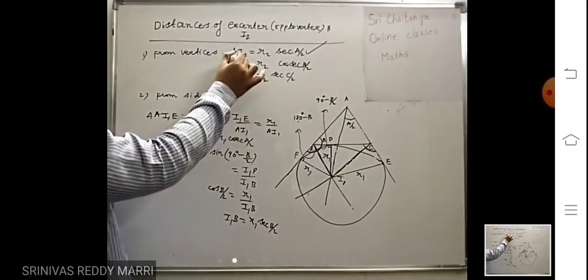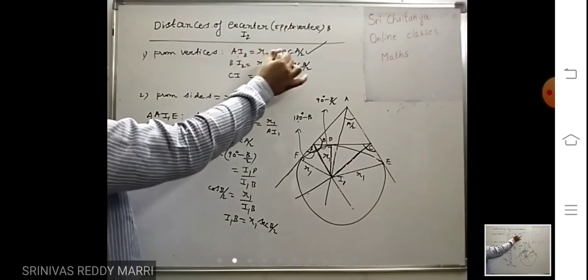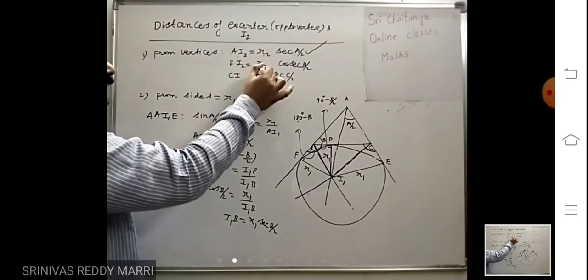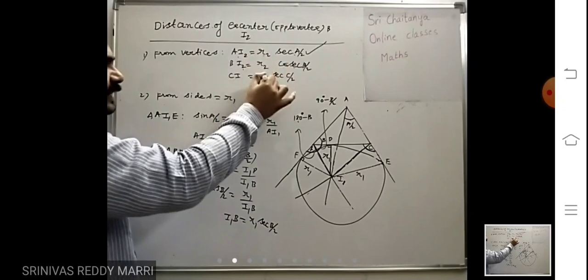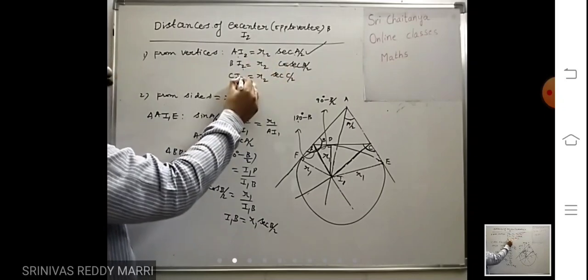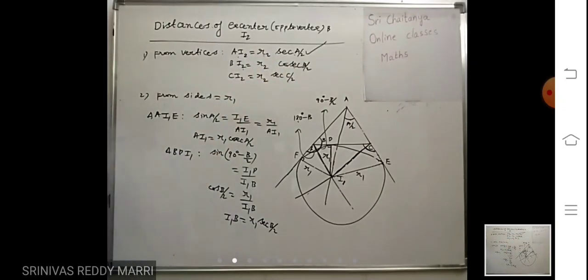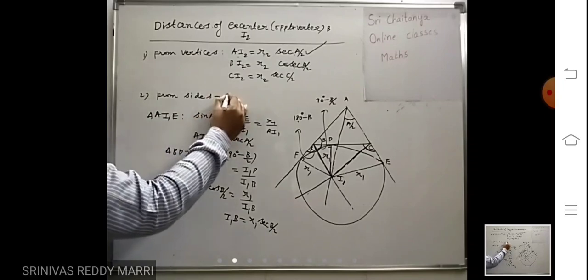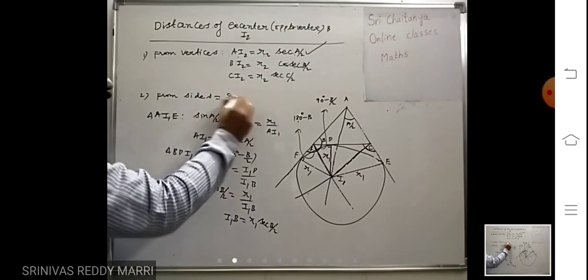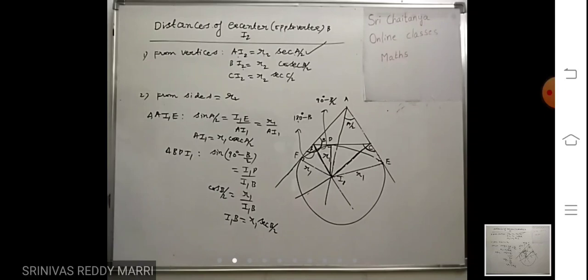For that, the distances are: AI2 you will get in secant, BI2 you will get in cosecant, and CI2 you will get R2 secant C by 2. From the sides, the distance is R2. Similar formula.